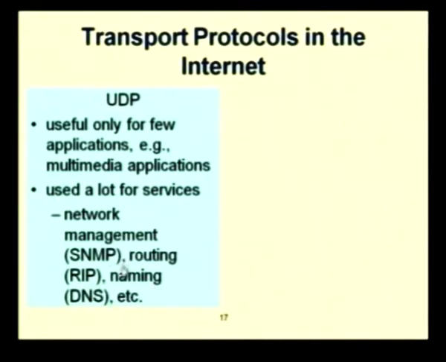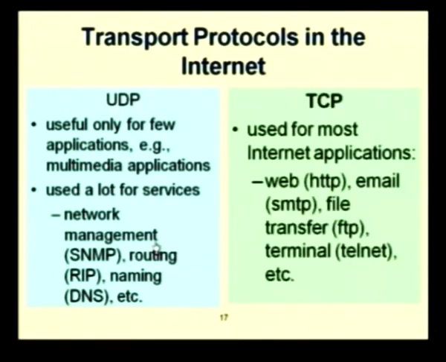These are different services in the network which also use UDP. TCP, on the other hand, is used for most internet applications: web based services, the HTTP protocol, email, the SMTP protocol, file transfer, FTP, and terminal, telnet. All these use TCP because you require a reliable service here.